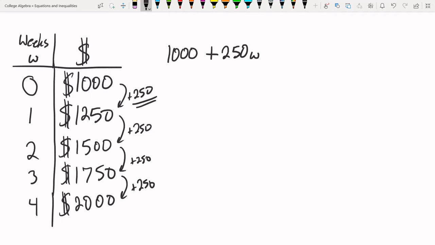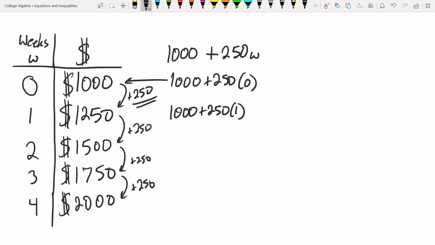You can of course test this. 1,000 plus 250 times 0 gives you 1,000. 1,000 plus 250 times 1 gives you 1,250, and so on and so forth.